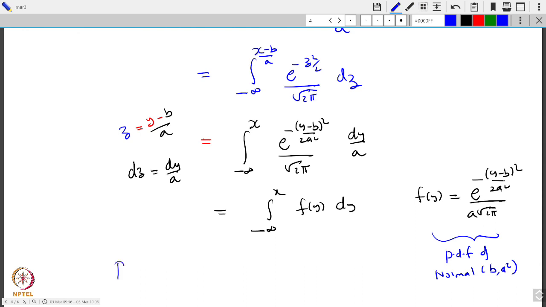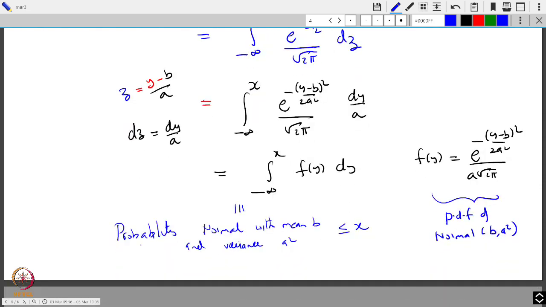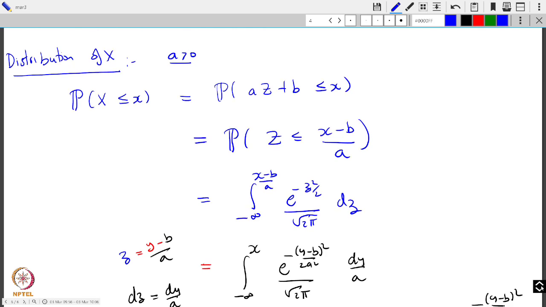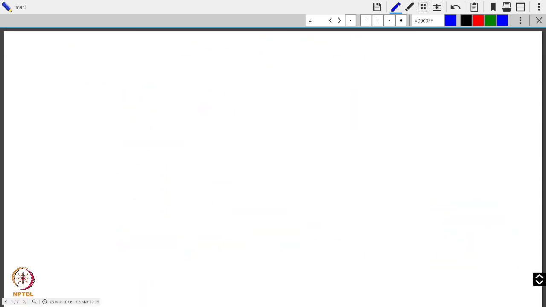This is the probability of the normal random variable with mean b and variance a squared less than or equal to x. So therefore, what have we done? We have shown that the distribution of x is actually normal with mean b and variance a squared. So that's the punchline.